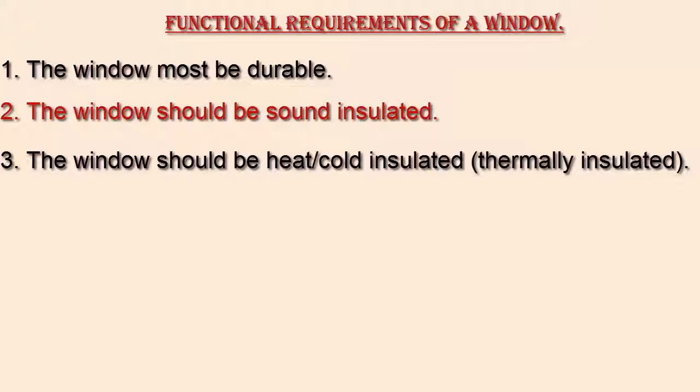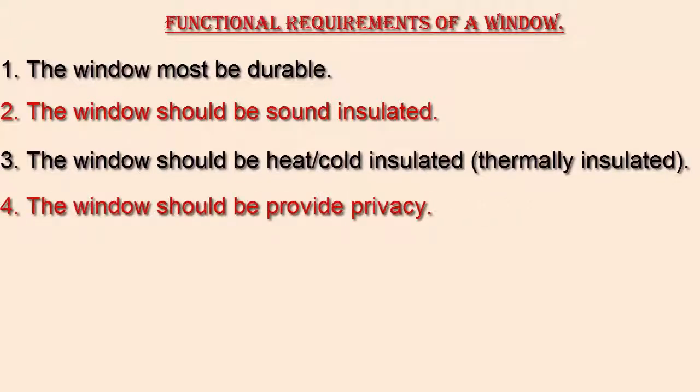Also, another requirement is that the window should be able to provide what is called privacy. What is privacy? The room, wherever you are building, is meant to provide privacy. It means to enclose the building. So whatever you are doing inside your room, the window should not expose you to the public.